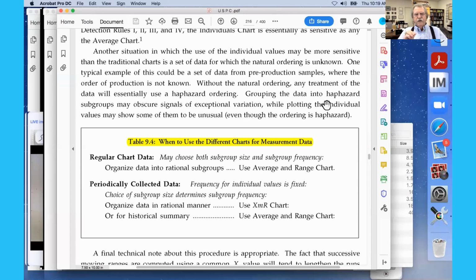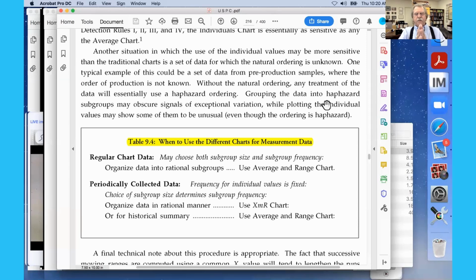And use average and range charts. Periodically collected data: frequency for individual values is fixed. Choice of subgroup size determines subgroup frequency. Organize the data in a rational manner. Use an XMR chart.